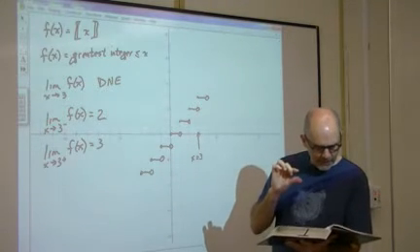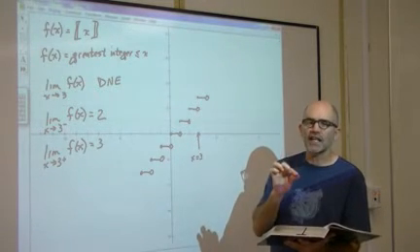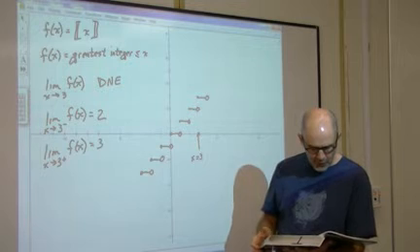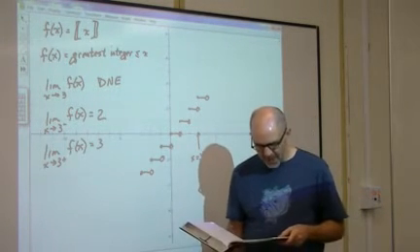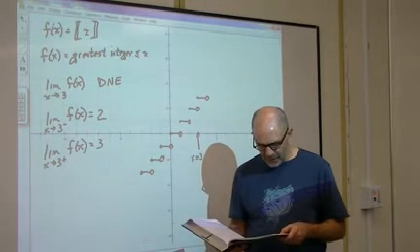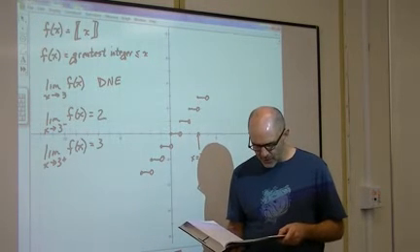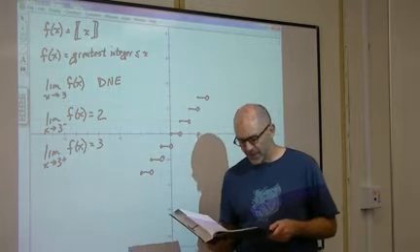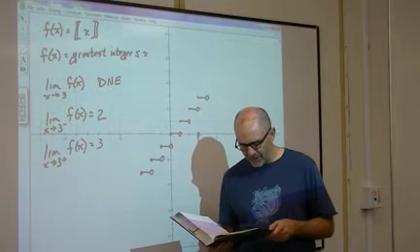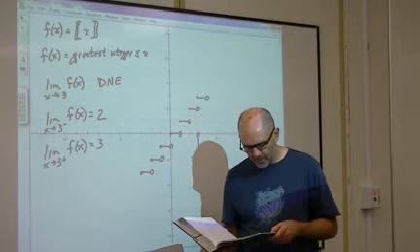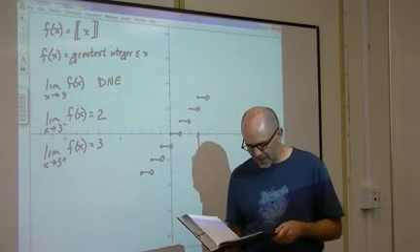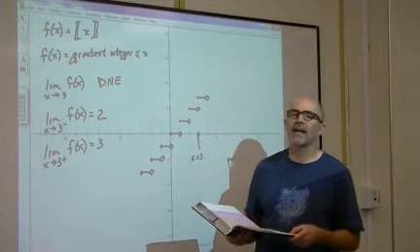So h and f kind of squeeze g in the middle. So if h is above, f is below, and g is in the middle, and you know the limit as x approaches a of the top function and the bottom function, then you're guaranteed that the middle function has to be that same limit.